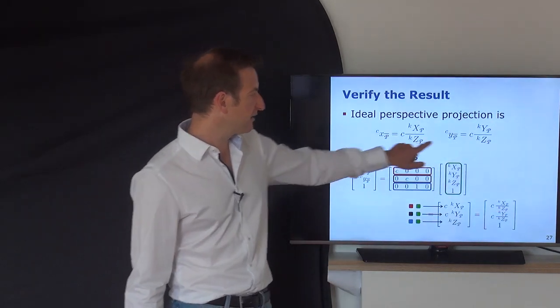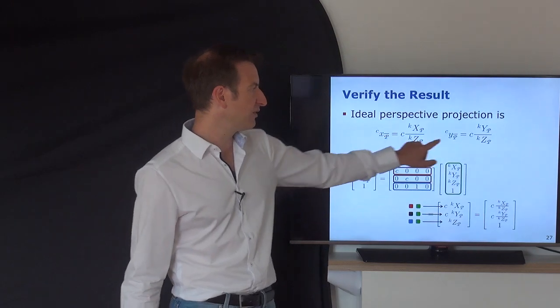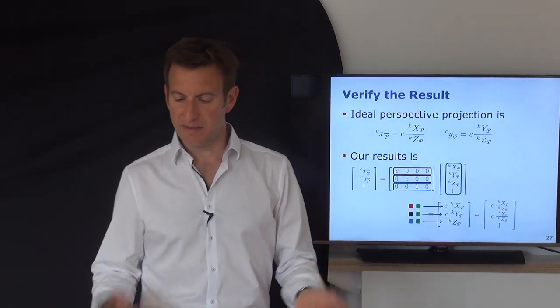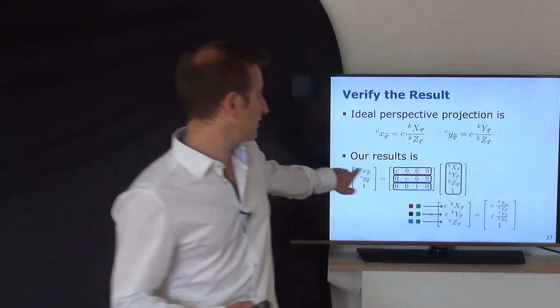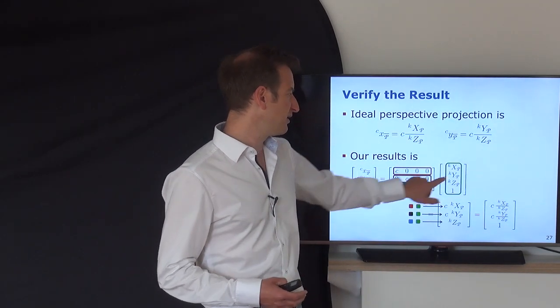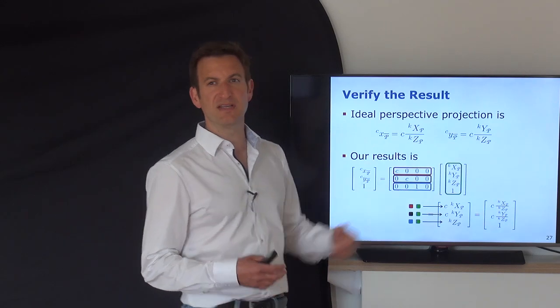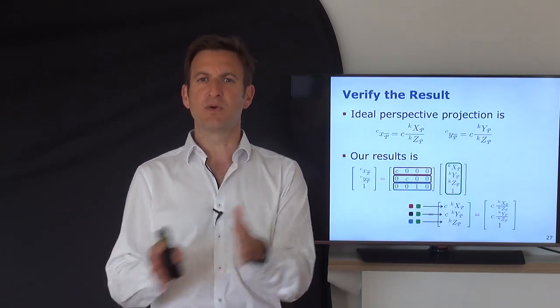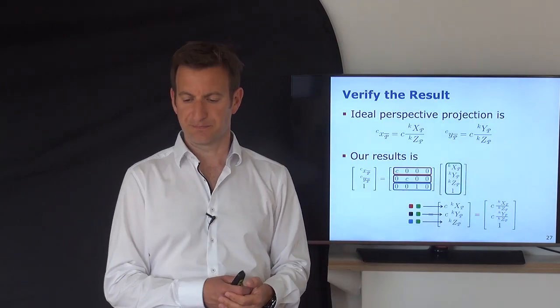And these are exactly those parameters that I derived from the pure geometry. So this transformation matrix that we have written over here actually performs this ideal perspective projection from the 3D world onto the 2D image plane.